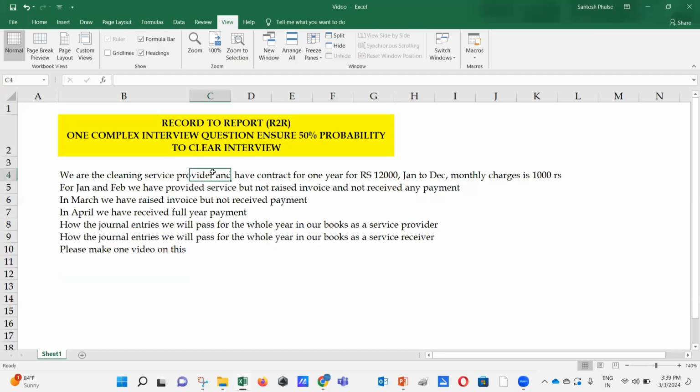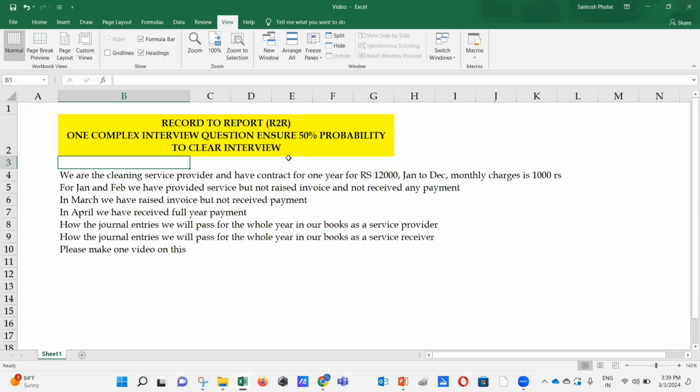So we'll jump to the case study we have from one of our viewers. Here we are. This is what we have from one of our viewers, added here as it is: we are a cleaning service provider and have a contract for 1 year for rupees 12,000, from January to December.